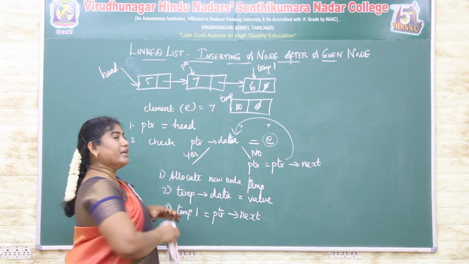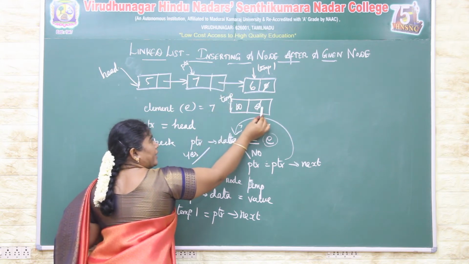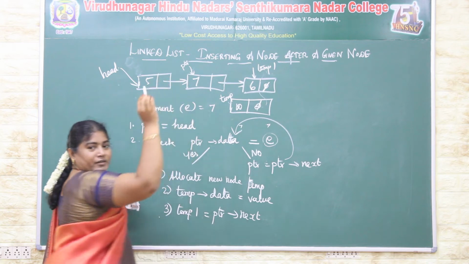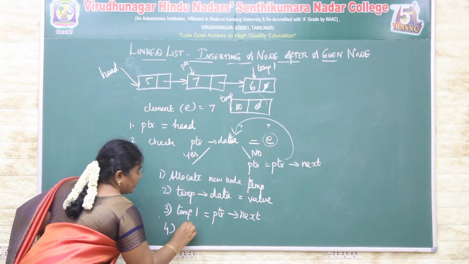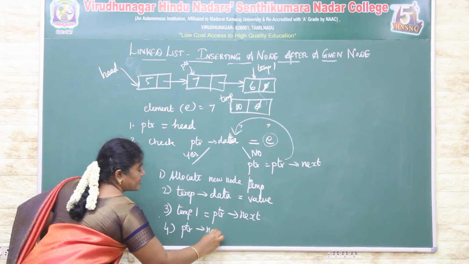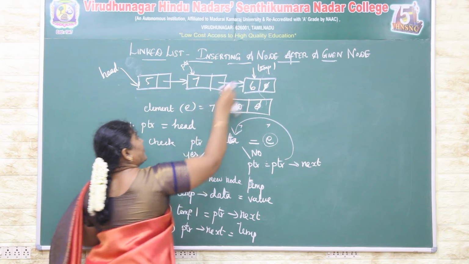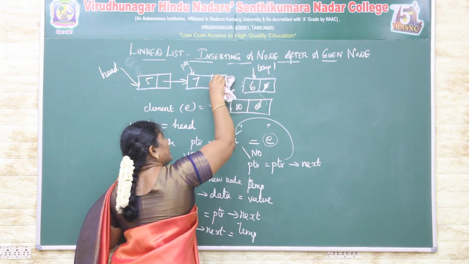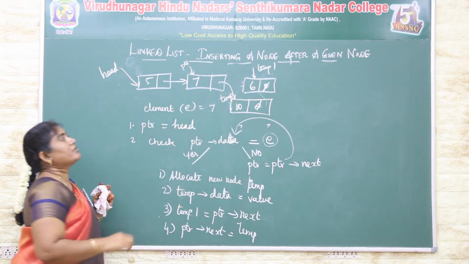Now it's easy for me to change the link. I simply point my PTR to temp, and my temp to temp1. So my PTR pointer next is equal to temp, and this link will be changed to this.